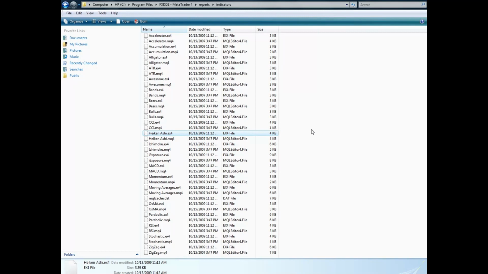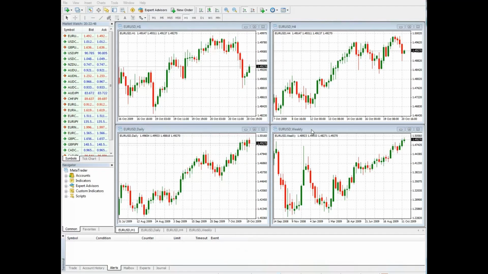So let's start MetaTrader and see where the new expert advisor is. Okay, here we are. So let's go down and click on expert advisors, and there we have it. MACD sample shown up.